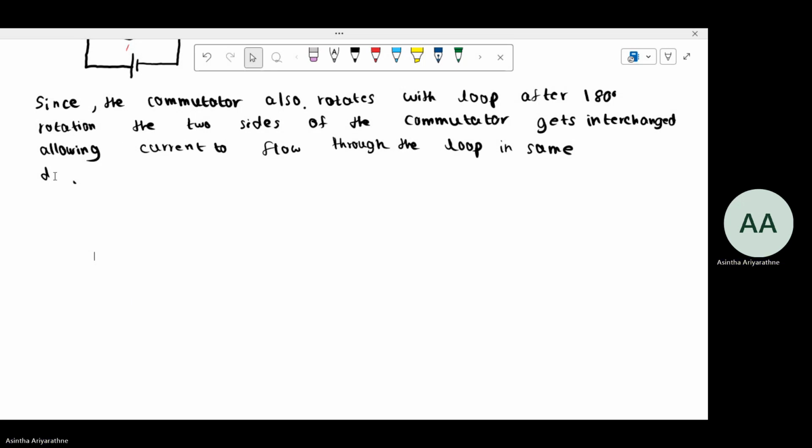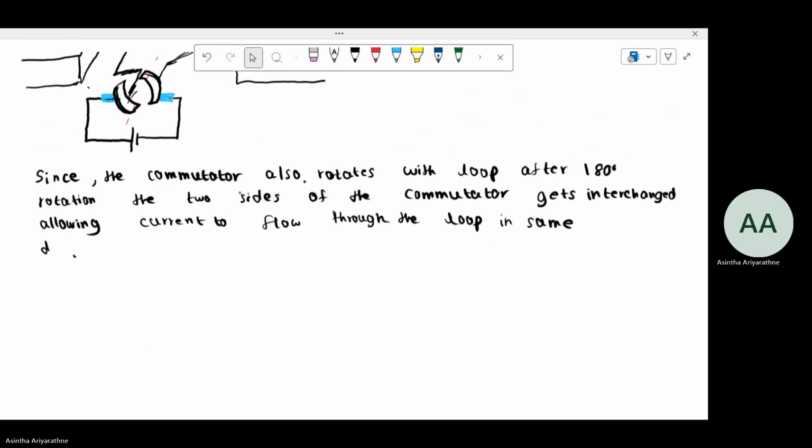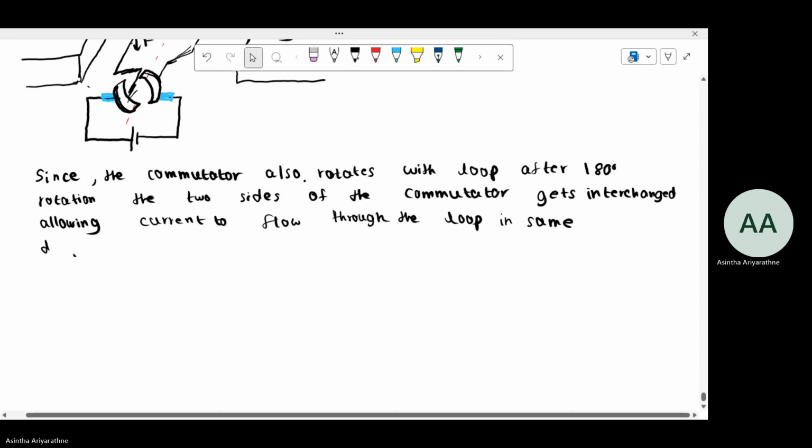Same direction. So that the applied torque is also the same thing.